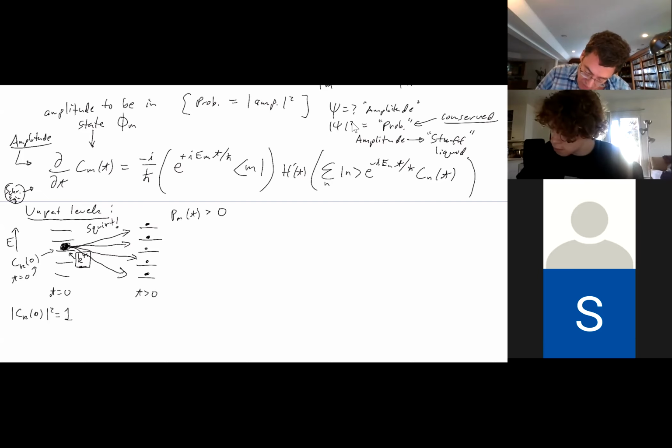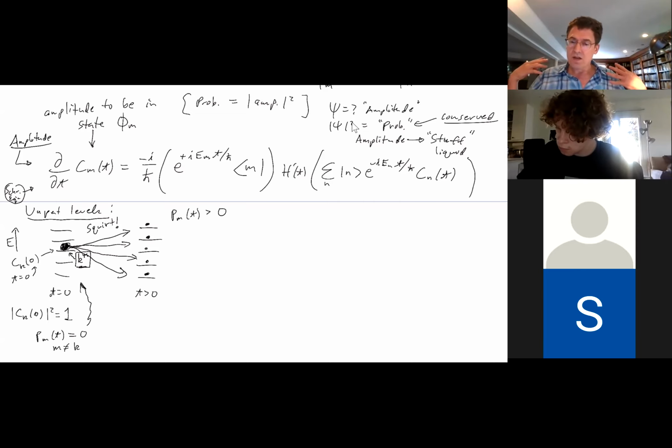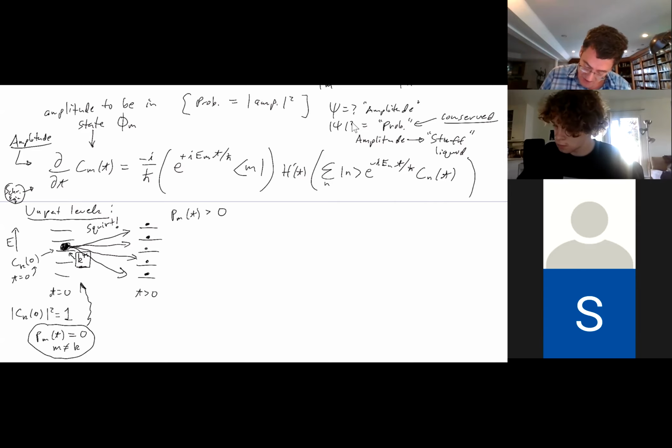Because here, the probability to find the particle in another state is initially 0. That's what this is telling us right here. Initially, if m is not the initial state, then the probability is 0.